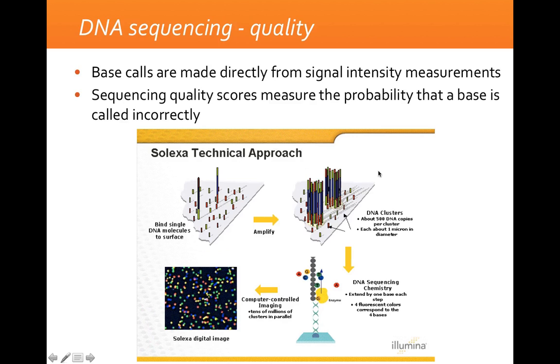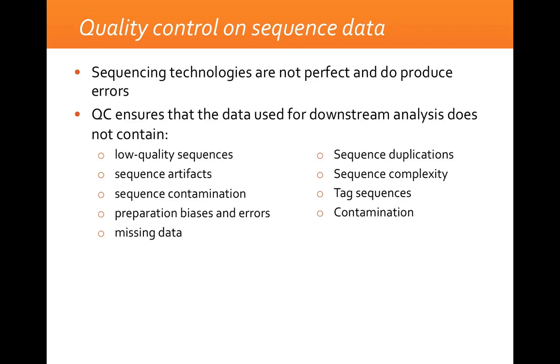So the base calls are made on the Illumina machine directly from the intensity of these colored bases that are incorporated while the DNA strand is being produced. And we can measure the intensity and then also the quality, or call the bases and give them a certain quality based on the intensity.